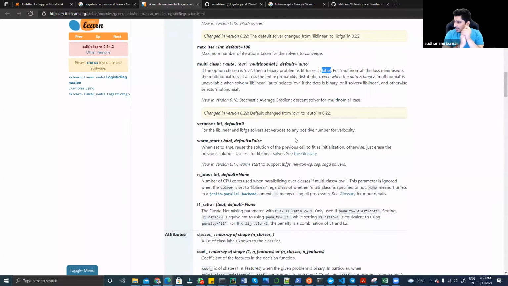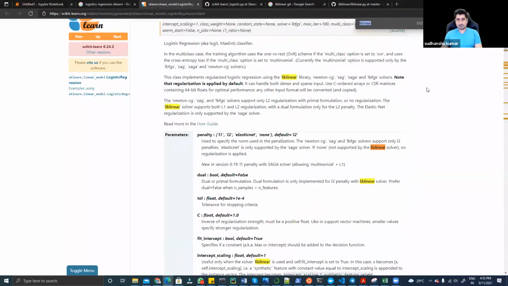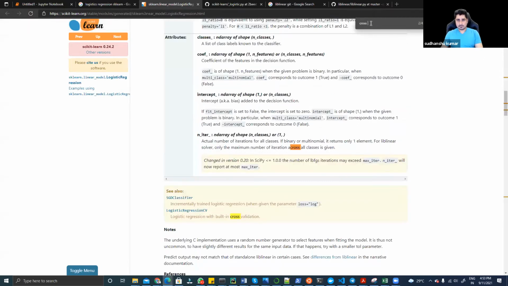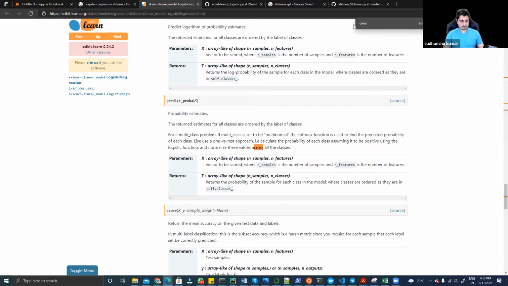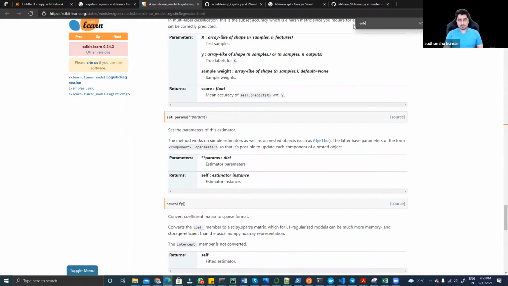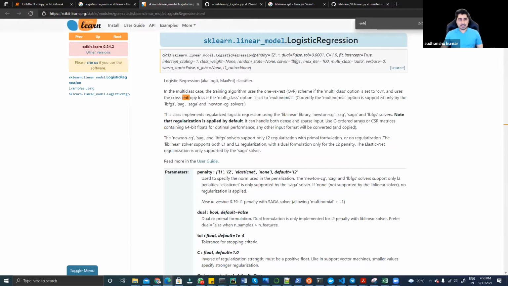Okay, Bijoy is saying cross entropy. Rest of you are saying softmax, MLE. It will be the same as one versus rest. Categorical cross entropy is the correct answer. So when we are talking about a loss function, it uses a cross entropy loss if multi-class, so categorical cross entropy in general.